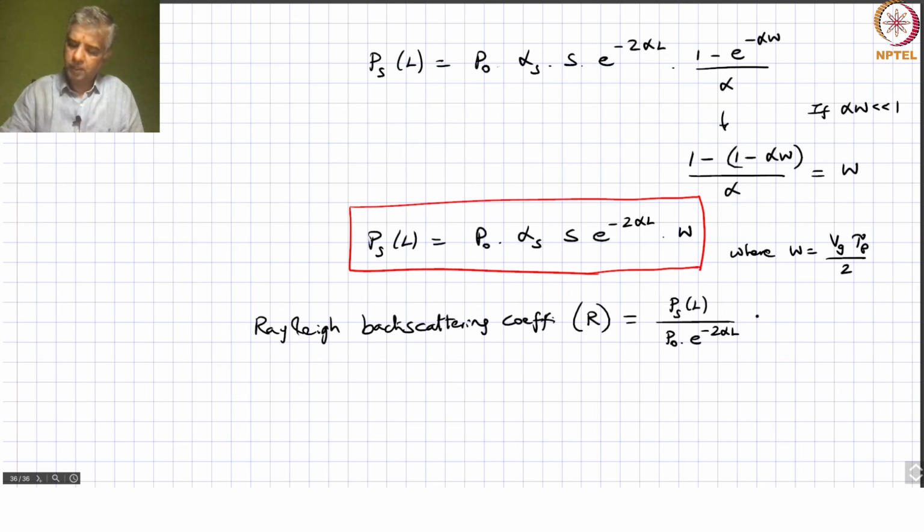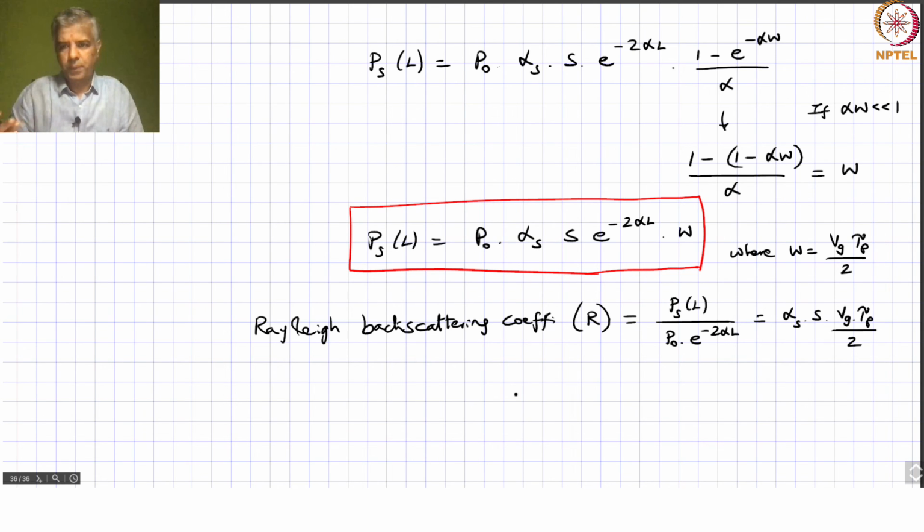And if we do that, it corresponds to alpha S multiplied by S multiplied by W, where W is given by Vg tau P over 2, right? So that's what characterizes the backscatter coefficient.